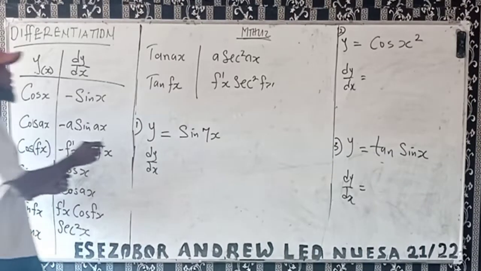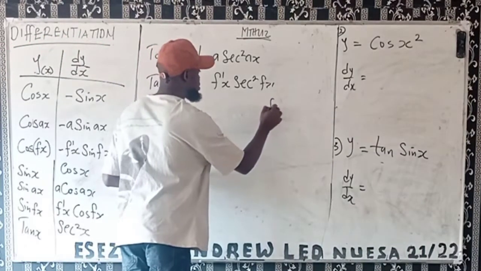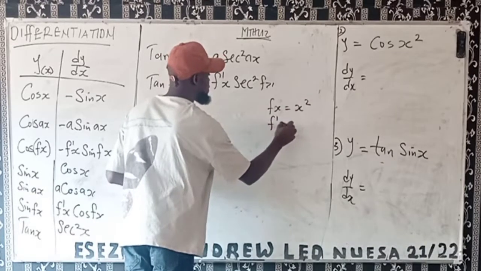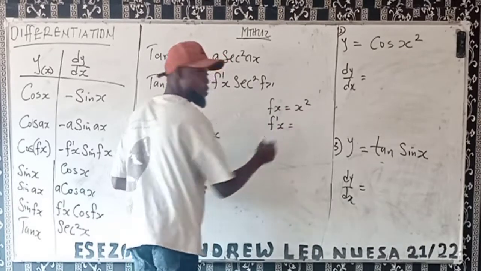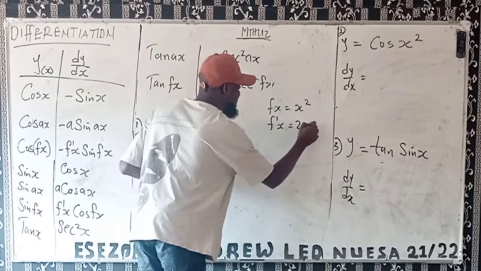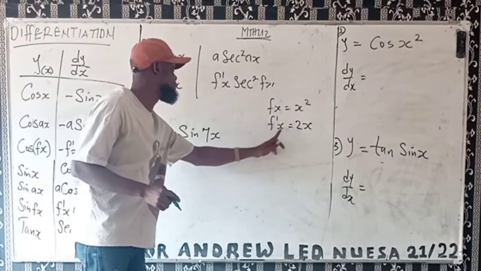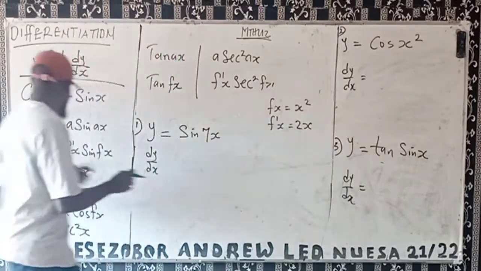For example, if f of x is equal to x squared, what is f prime of x? It means differentiate this one. Remember the polynomial function: differentiate this, we will have 2x. That's the meaning of f prime of x.